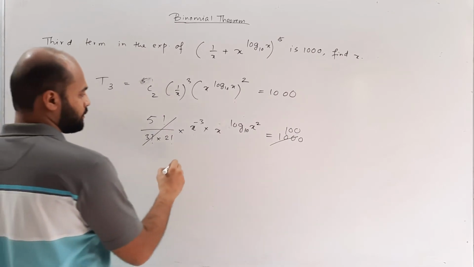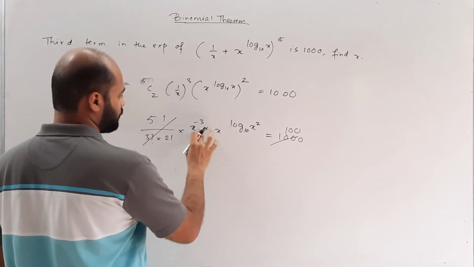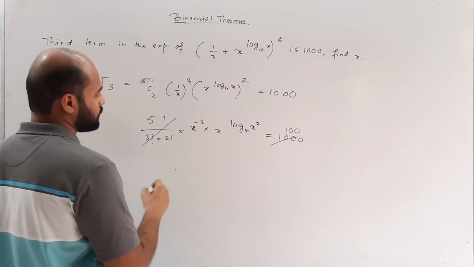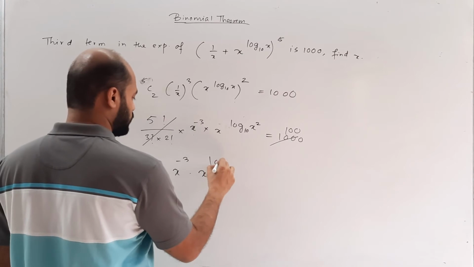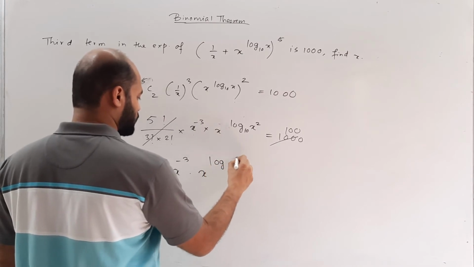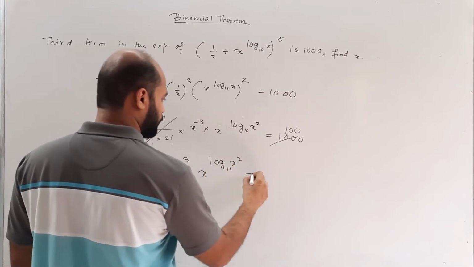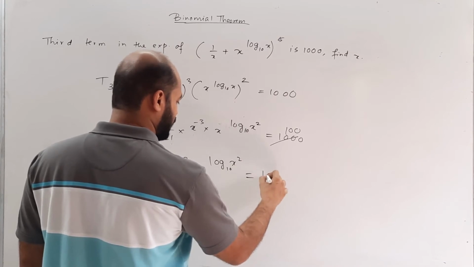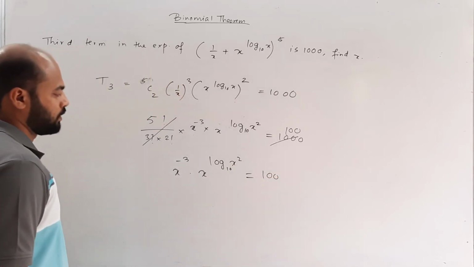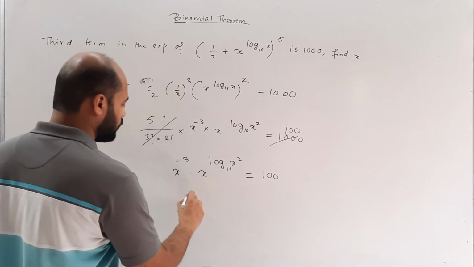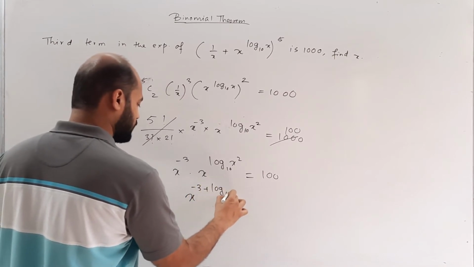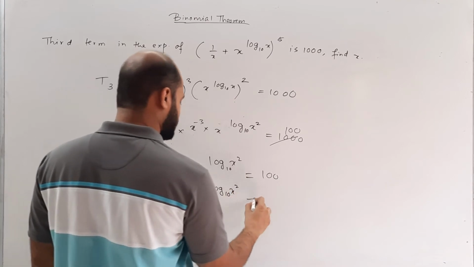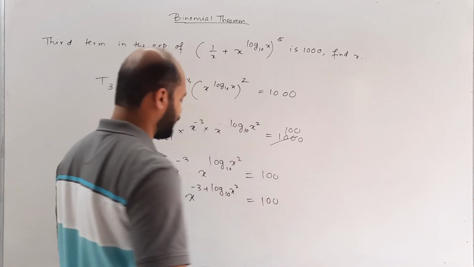So ultimately x raised to minus 3 is there over here, and this is x raised to log of x square to the base 10, and this is 100. So now if we go by the exponent rule, we will get minus 3 plus log to the base 10 of x square. This is equal to 100.